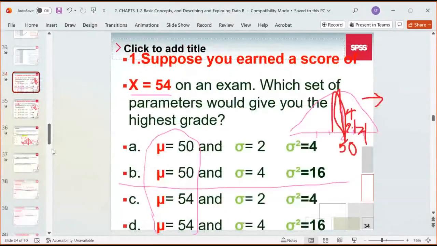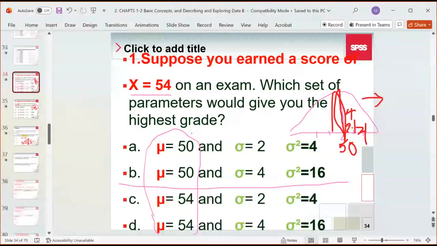Some examples that you might have for your quizzes, for this quiz, to just kind of use your spatial ability and find out what it's all about. It says, suppose you earn a score of 54 on an exam. Which set of parameters would give you the highest score? So your score is 54. You have 3 sets of data, and you have to select A, B, C, or D. Think about it.